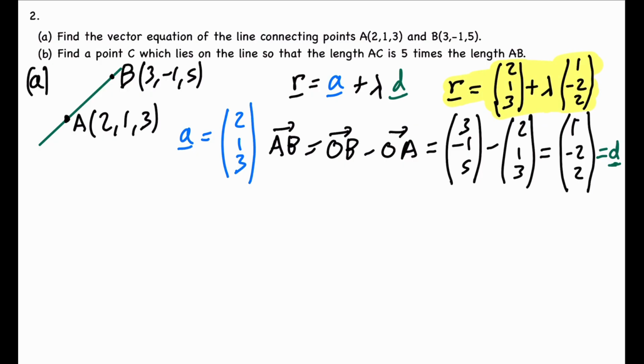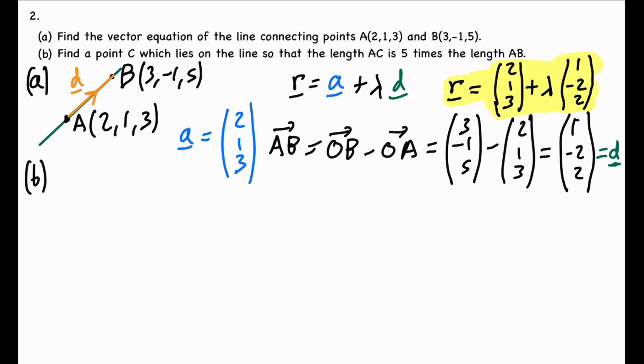So now let's move on to part B, where it's asked to find a point C which lies on the line so that the length of AC is 5 times larger than the length AB. Because the direction vector looks something like this on the line, and this is our d that we found before over here, we can say that a point C is 5 times the direction vector AB that we found before.